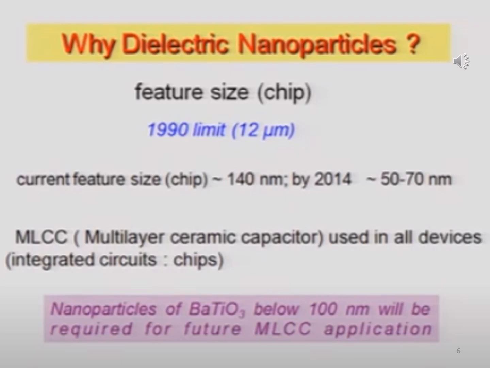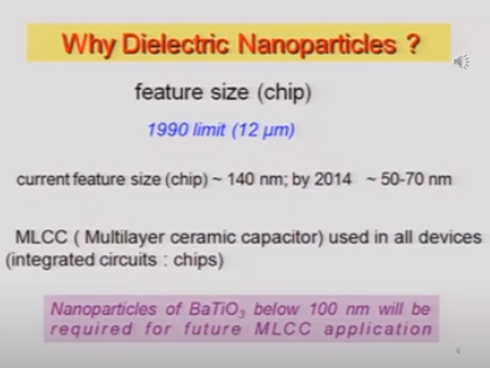Now these dielectrics in today's world are based on what are called MLCCs, the abbreviation for multi-layer ceramic capacitors, and the main material used as a multi-layer ceramic capacitor is barium titanate. This barium titanate acts as a capacitor, and it is involved in the fabrication of chips and is utilized in these devices.